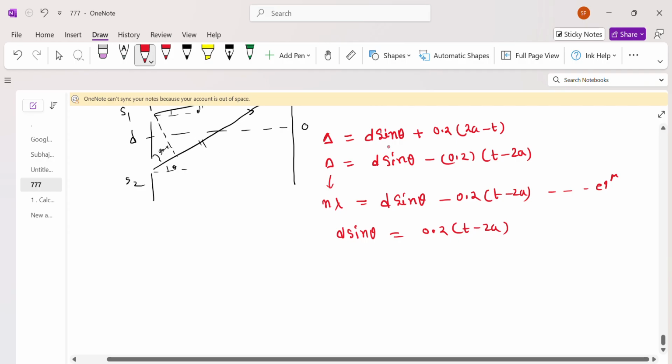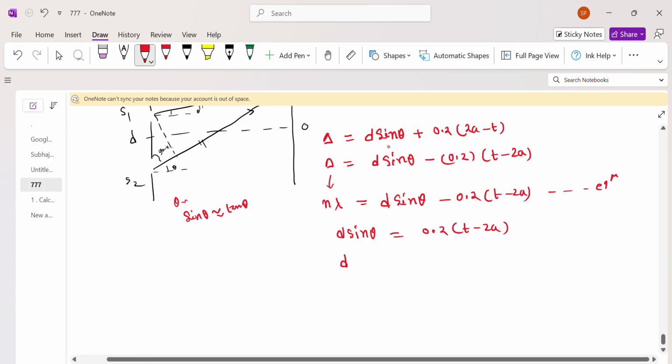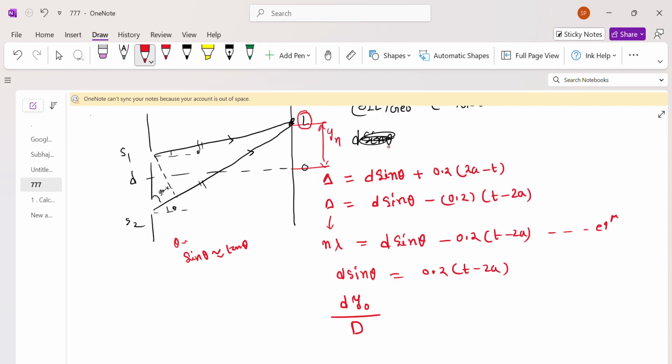So if this theta is small, sine theta and tan theta will be equal, right? So in place of sine theta, you can also substitute y0 divided by D, because this theta will depend on this distance. This distance I call yn basically, but I have substituted n is equal to 0, so that will make this index 0 also essentially.